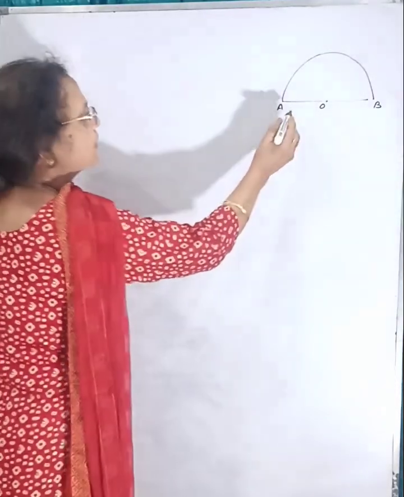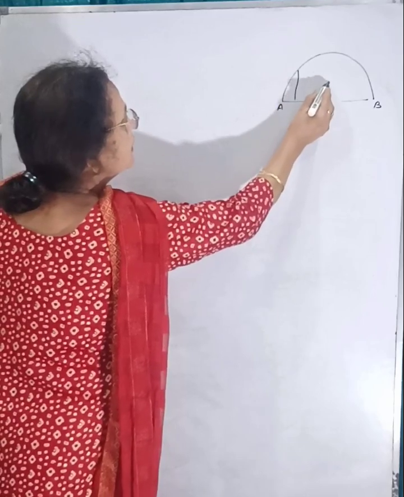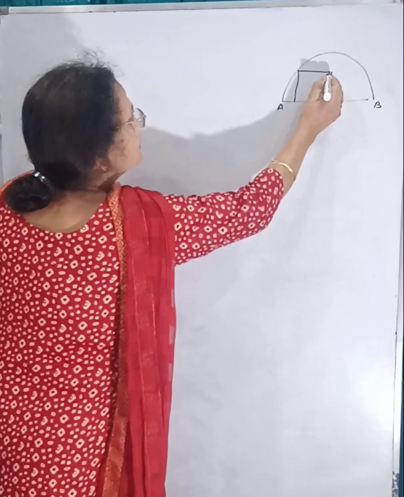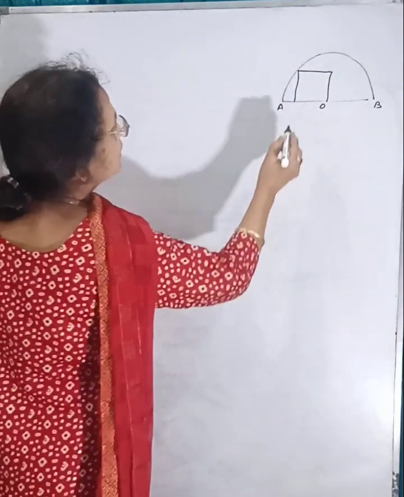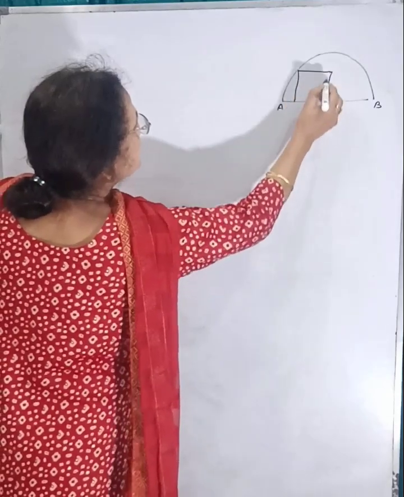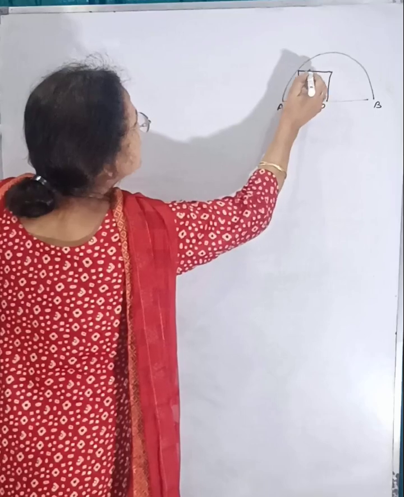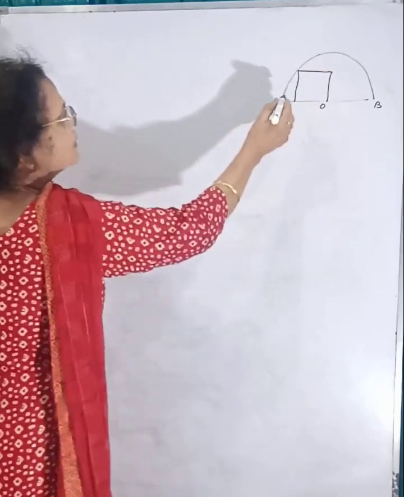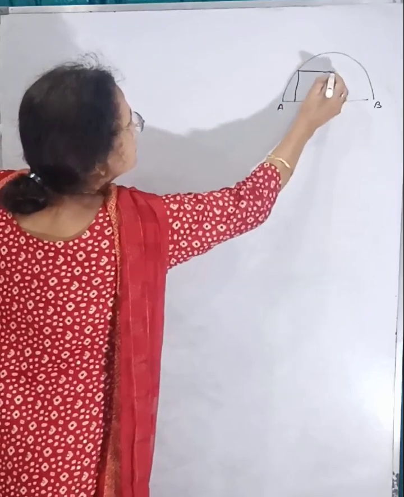Inside this semicircle, we are having a square. This is the square. The area of this square, let us suppose, is a.